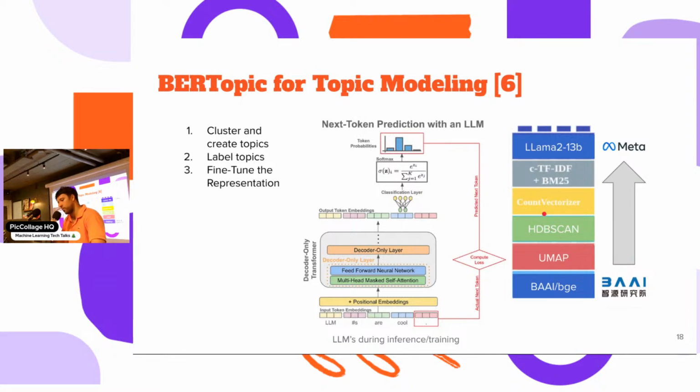Then we do density-based spatial clustering of applications with noise, HDBSCAN. Then we use term frequency-inverse document frequency to filter out the most important terms, and feed those terms into Llama 2, 50 billion, provided by Meta.